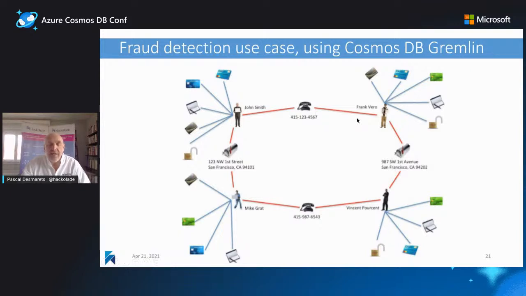And the ringleaders open accounts using these synthetic identities and create new accounts for credit cards and unsecured credit lines, overdraft protection, et cetera, et cetera.